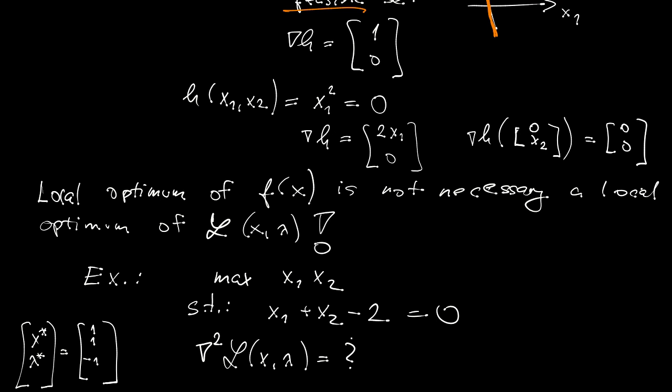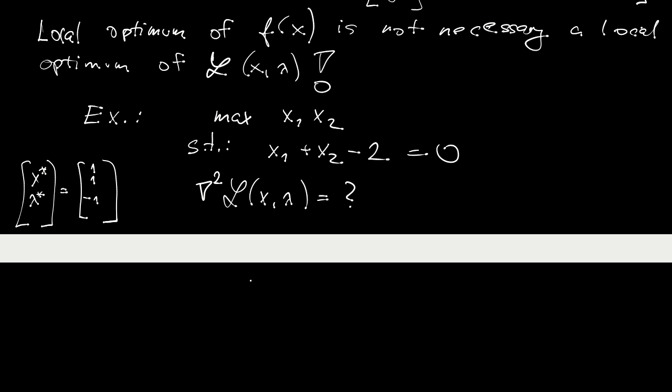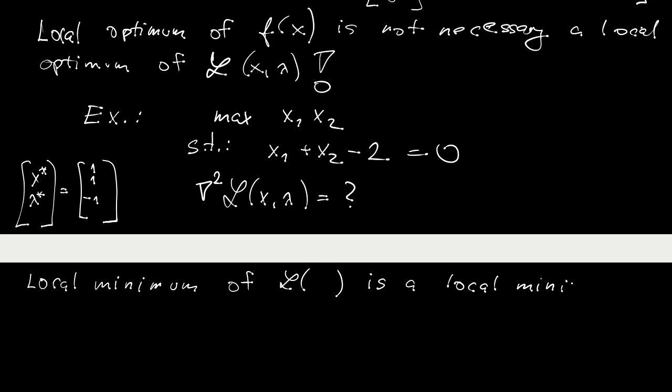On the other hand, what if we turn it upside down? What if what we find is indeed a local minimum of L? Then yes, if your x and lambda minimize the Lagrange function, then they also minimize the original cost function.